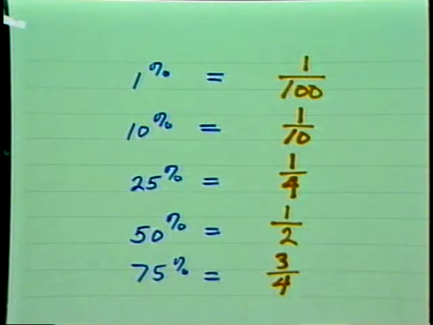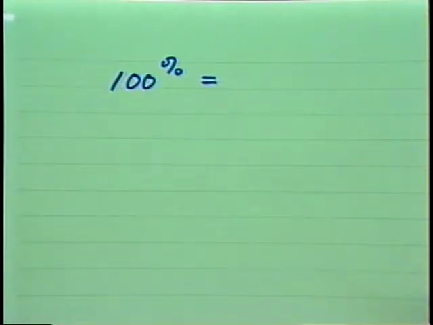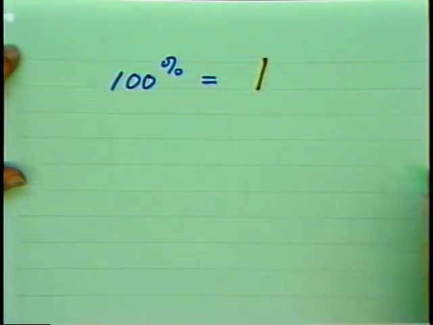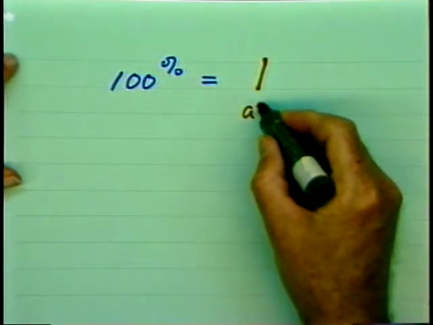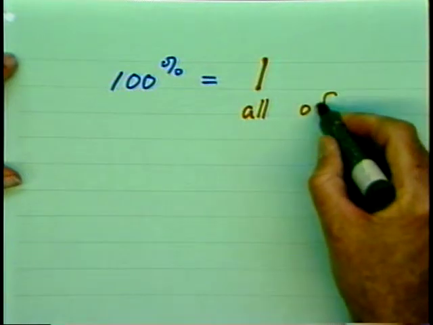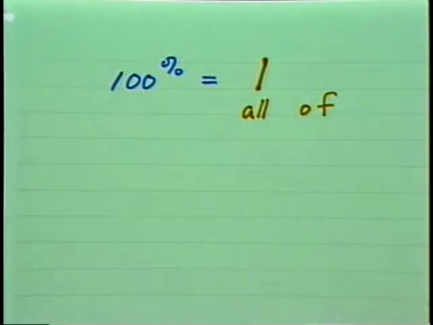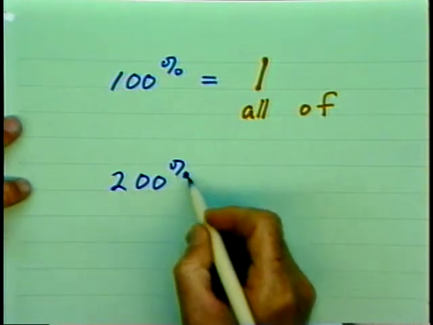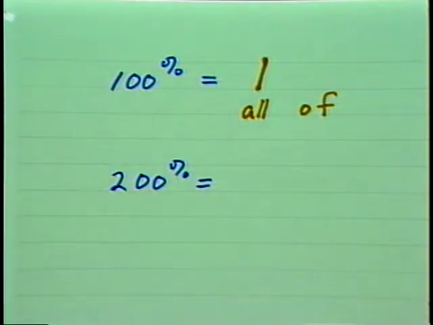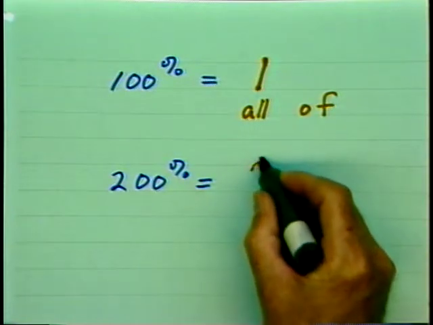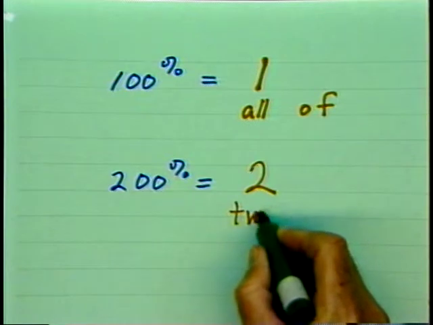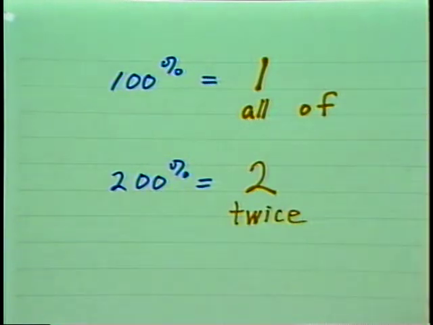It's a fractional amount. And most basic of all, the expression 100% is another way of saying 1, or all of something. And 200% is another way of saying 2 whole of something, or if you would, twice something else.